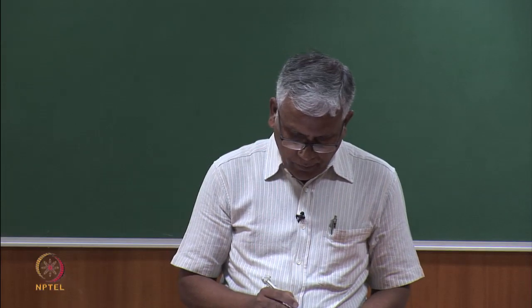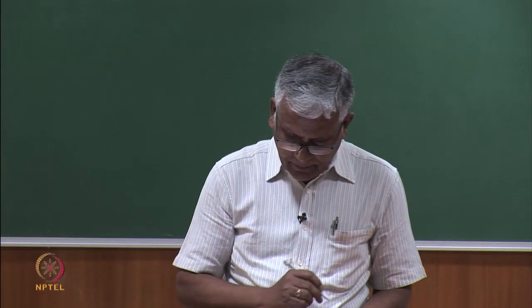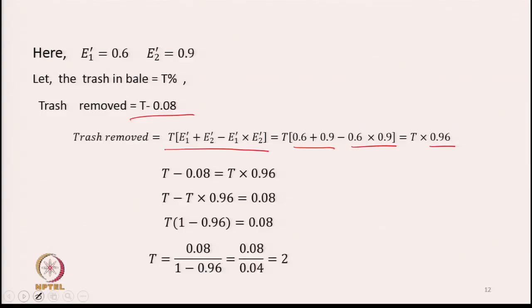If this is true, we can now write that T minus 0.08 is T into 0.96. Okay. So, from here we have to find out the value of T. We bring T on the left hand side and the constant part on the right hand side.